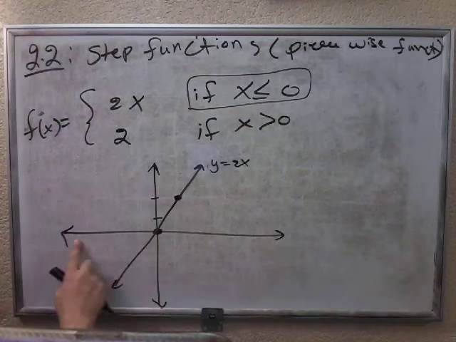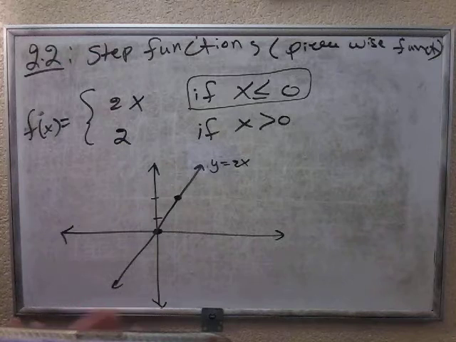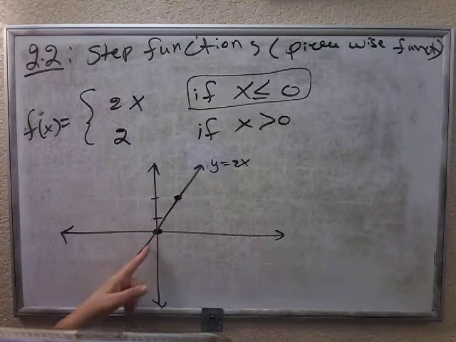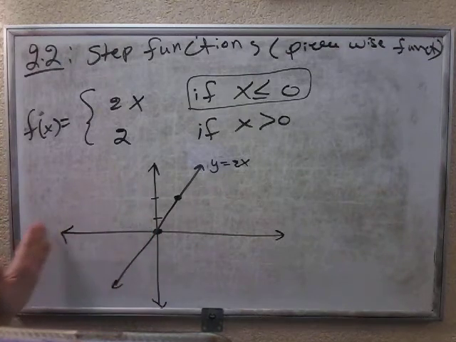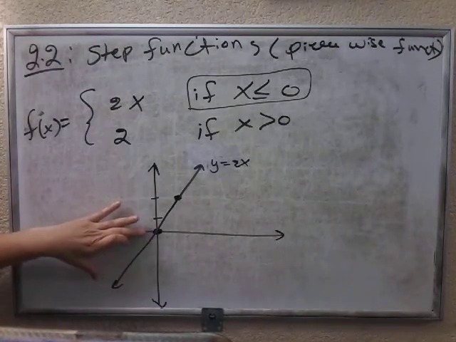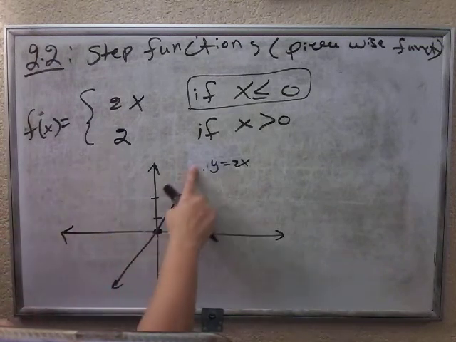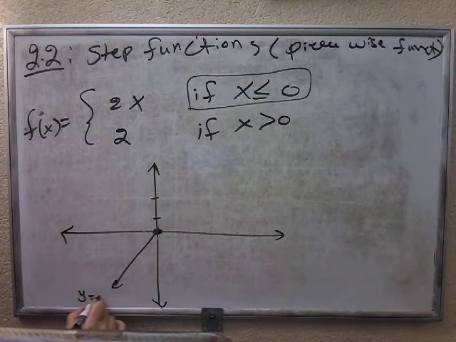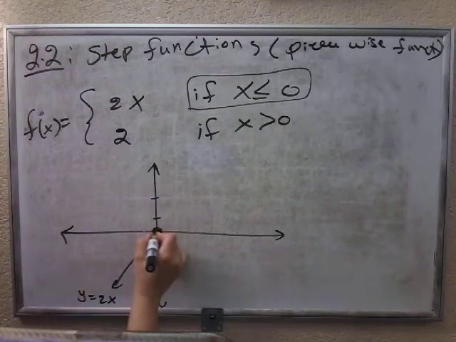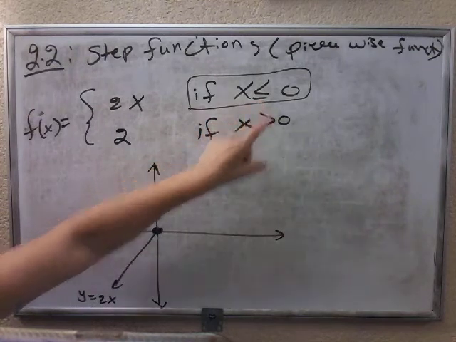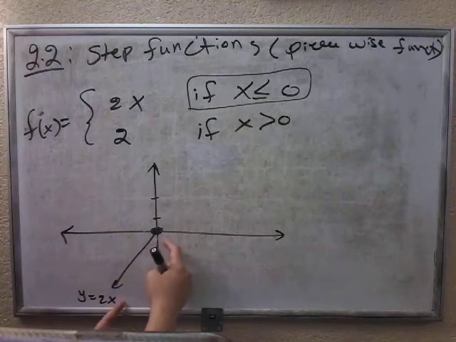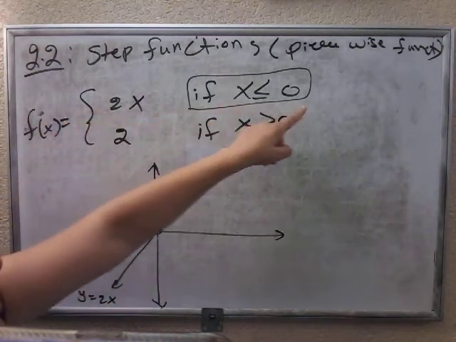So I'm going to look at my function and see where x is less than 0 or equal to 0. x being negative is this side, so it's that part of the graph, and equal to 0. So I'm going to stop right there. I'm going to erase all that. That's your y equal to 2x now, only there. Now, if it's equal, you're going to choose a closed circle. So that's the only part of the graph that I need to cover this condition.